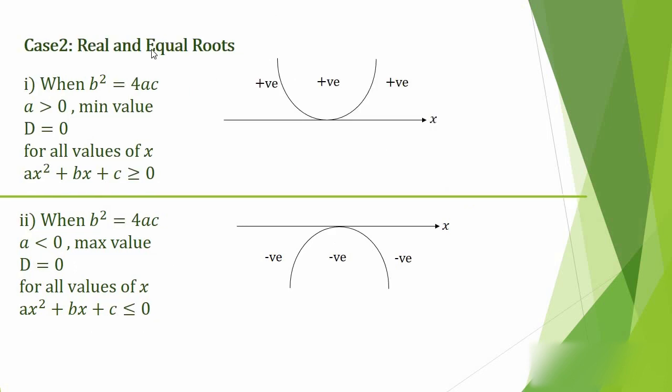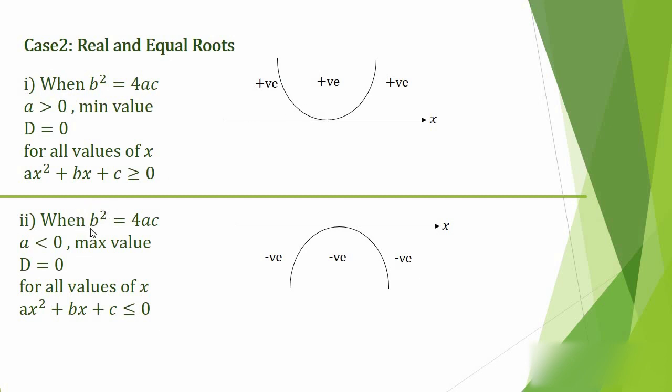Okay, now in the case where we have real and equal roots, in such a case, b squared will be equal to 4ac, and then D will be 0, that's b squared minus 4ac will be 0. So the roots of the quadratic equation will be the same. And where we have that a is greater than 0, meaning that we have a minimum value, we have that all values of ax squared plus bx plus c will be greater than or equal to 0, right, where it touches the x-axis.